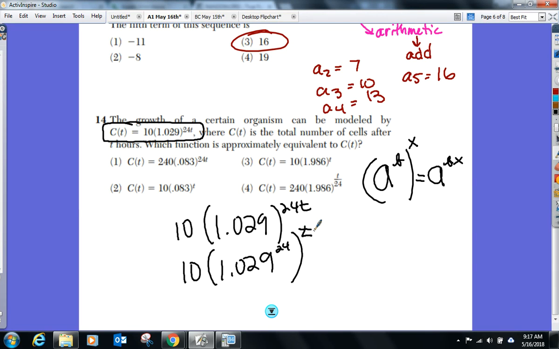Everyone in their calculator, go ahead. What is 1.029 raised to the 24th? And you should see a similar multiple choice up there.